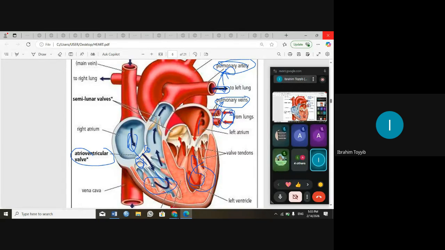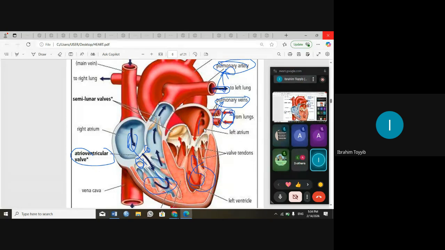So after the blood has been oxygenated, the oxygenated blood then flows into venules. So the pulmonary veins will carry the blood from what? From that lung to the left atrium. So now blood is pumped into the left atrium, then to the body through the aorta.